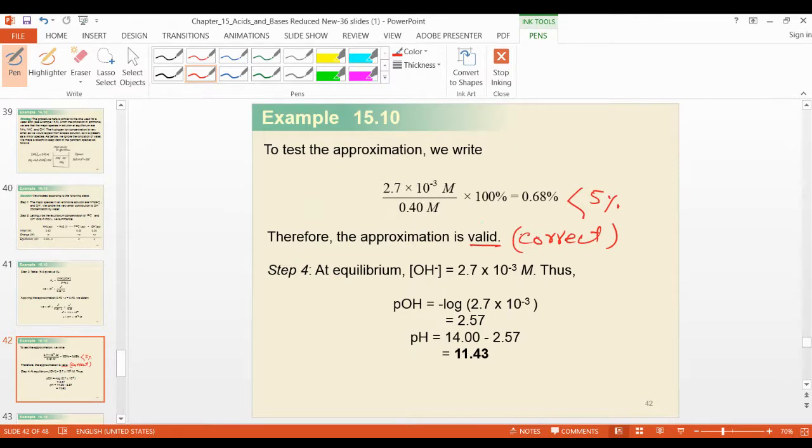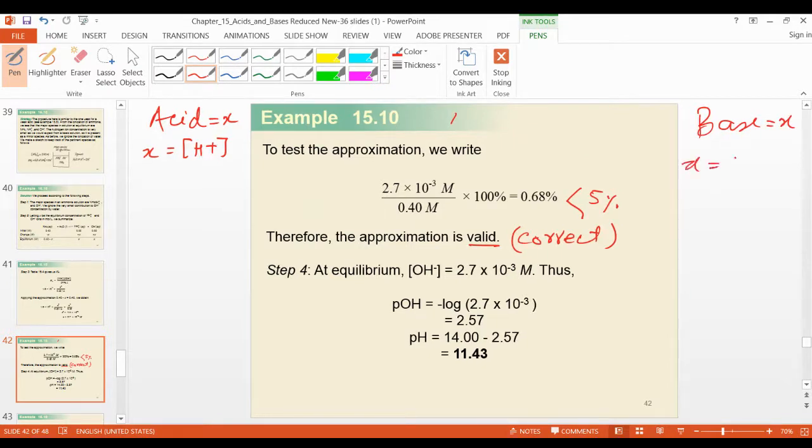In the case of acid, X is equal to H plus. Remember that, please. In the case of base, the X value contains OH minus. So this should be identified. In acid, when you determine X, that indicates H plus. If you are determining X in a base, that's equal to OH minus.